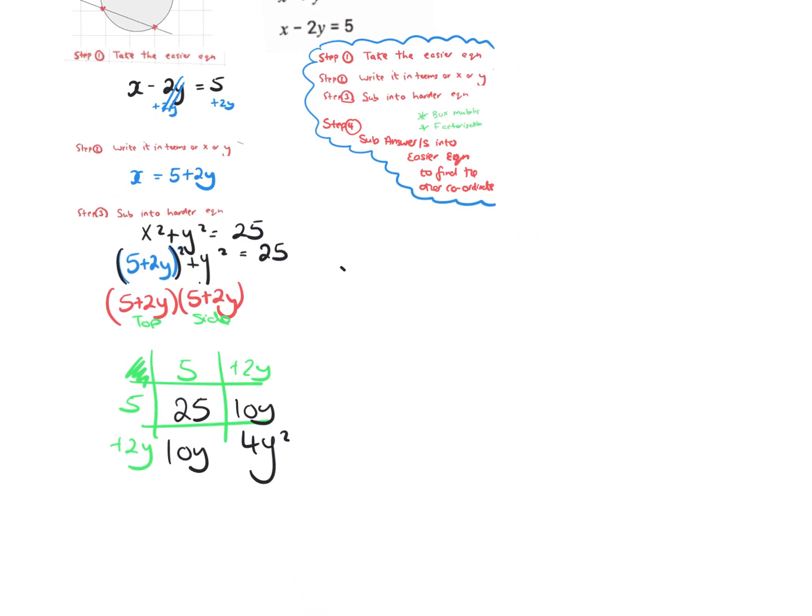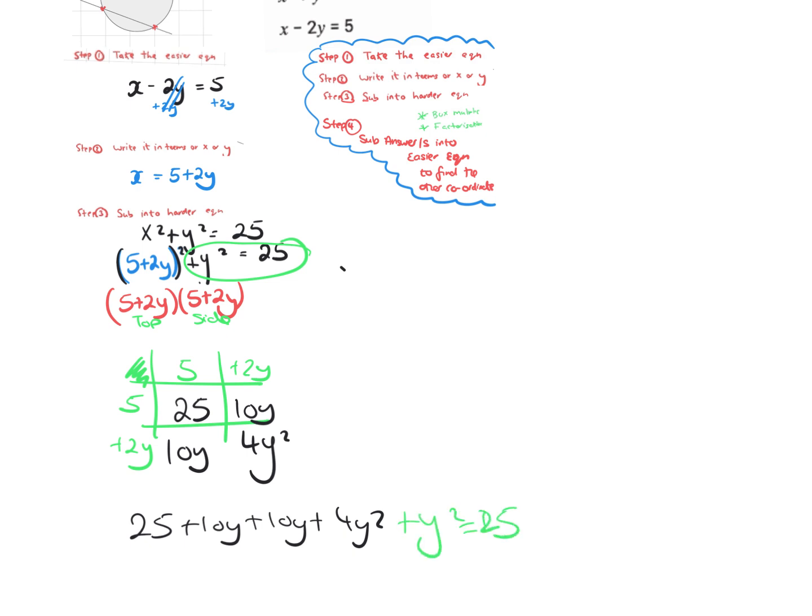So it's 25 plus 10y plus 10y plus 4y squared. And then don't forget to bring the rest of it, because we just worked out the blue bit here. So it is plus y squared equals 25.